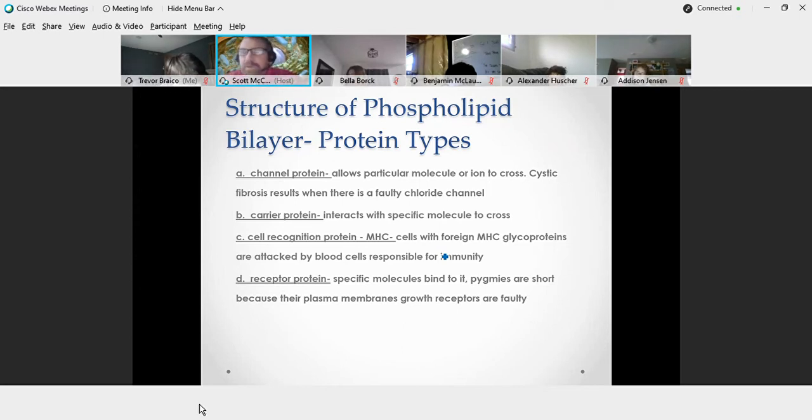What a receptor protein does is it accepts a very specific message, such as human growth hormone, and it sends information to the cell to do the job. So for example, let's say Carter is playing hockey and he wants to be 50 pounds heavier and 3 inches taller.